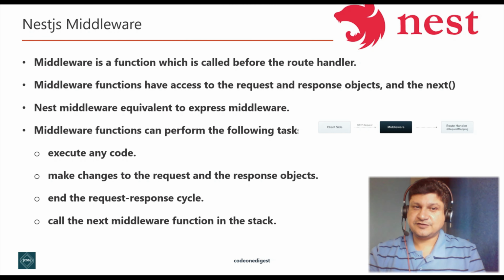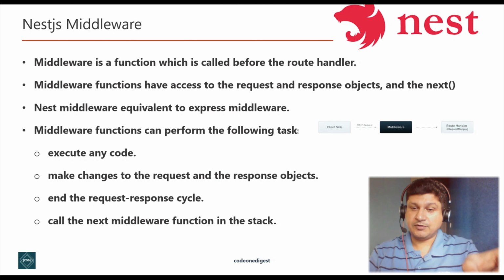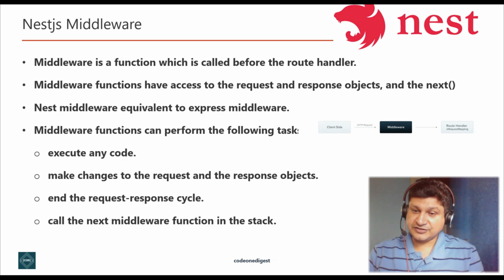So here is the Nestjs middleware. Middleware is a function which is called before route handlers. What does that mean? Before the request reaches a controller, our middleware will get called. So middleware is like our filter chain. All those filters will get called and they will process the request. They will have access to the request and response object and pass that request to the next filter in the chain.